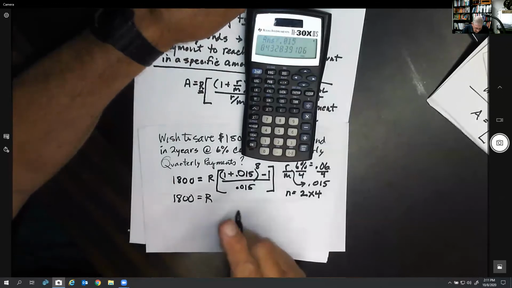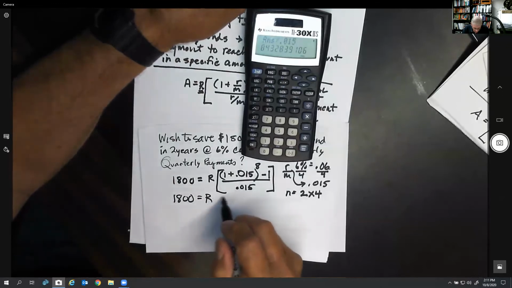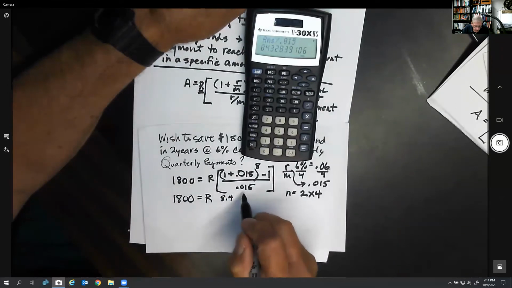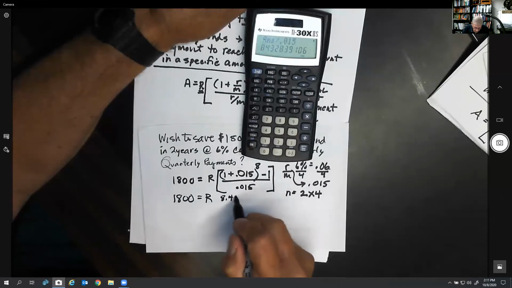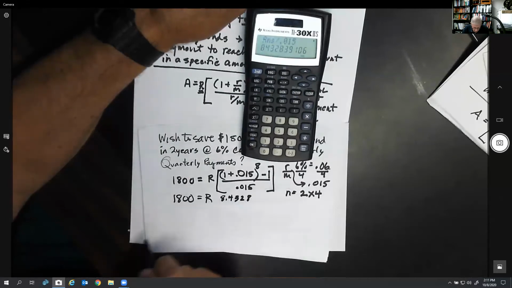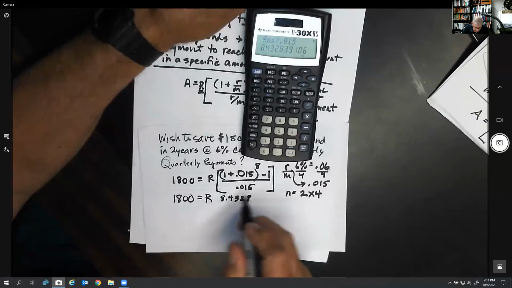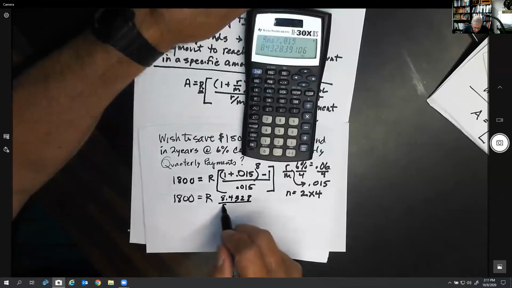It depends on how many places you want to write this out. So now I'm going to write this number down here, 8.4328. That should be totally accurate, 4 decimal places.